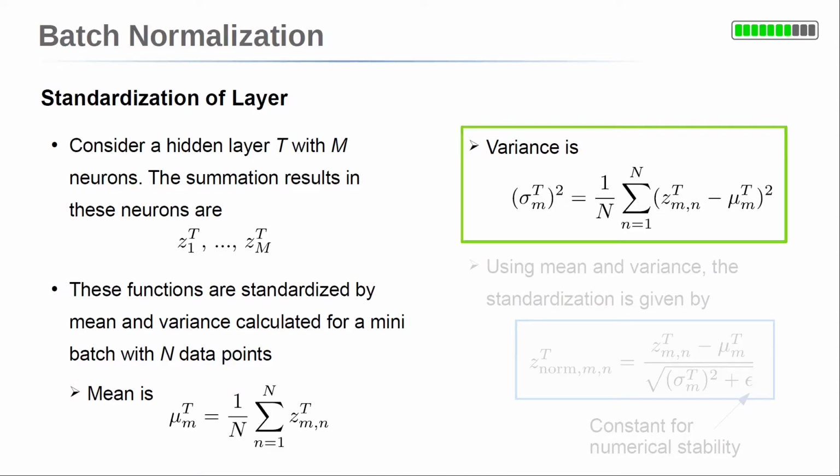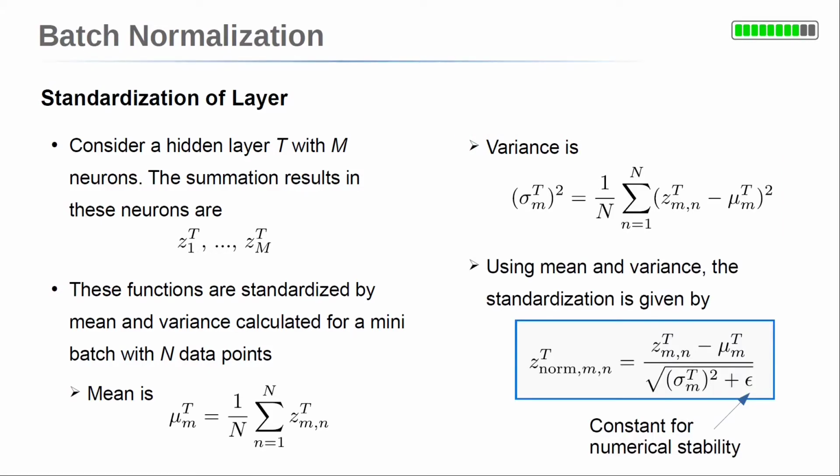The variance at the mth neuron is sigma m superscript capital T squared, and this is equal to 1 over capital N times the sum over all data points of the mini-batch of the square difference of the summation value for the data point and the mean.